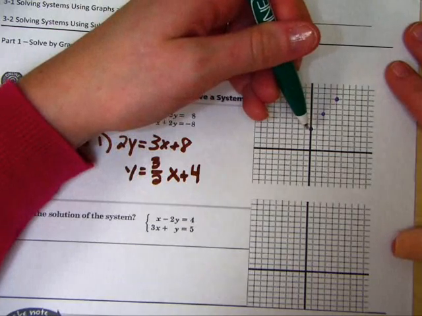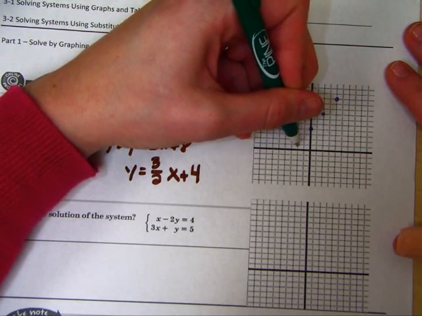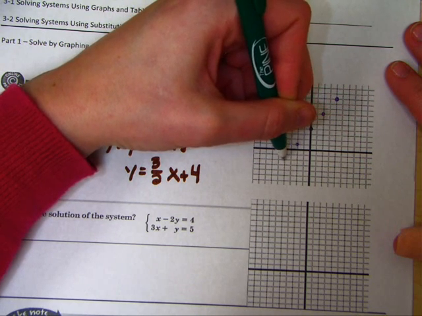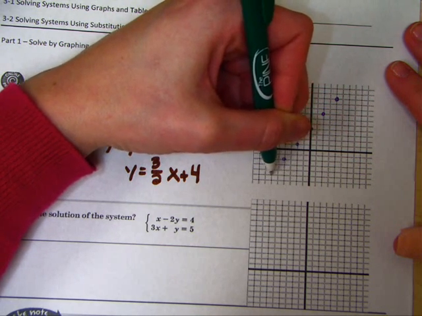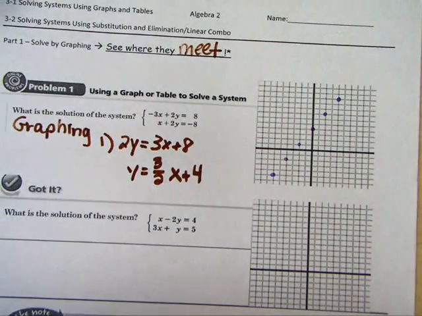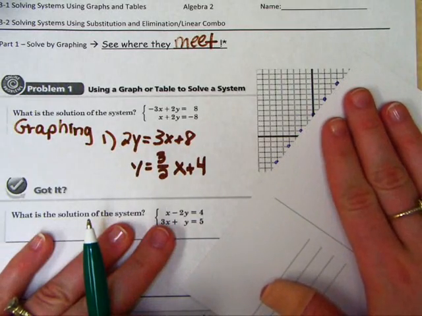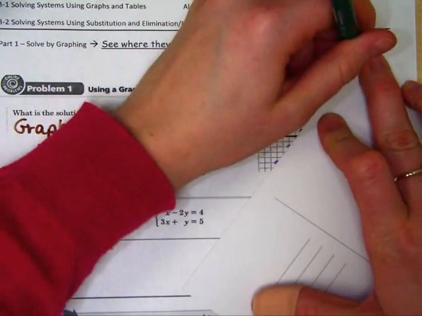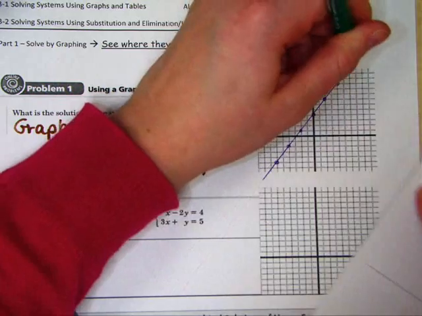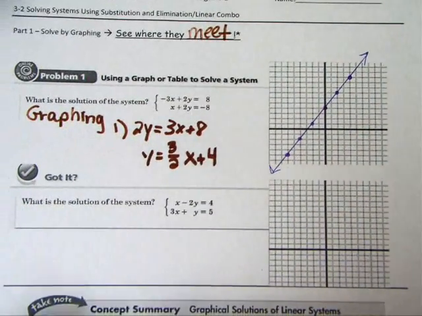So go back to your original and go down 3, left 2. Do that until you have a pretty good picture. Make sure to put arrows on your lines.